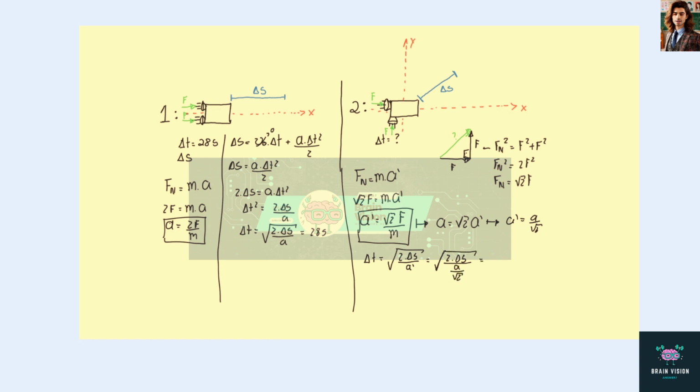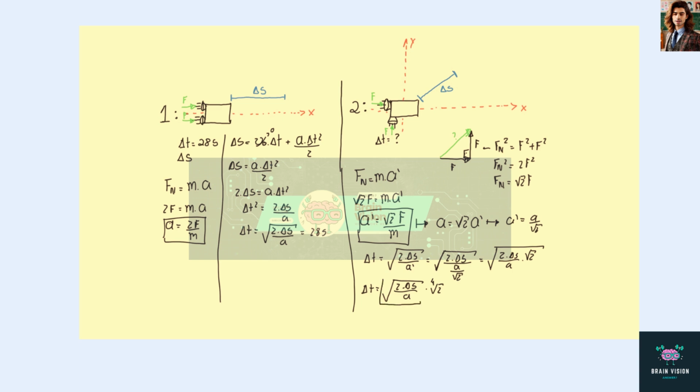And this is equal to the square root of 2 delta s divided by A, times the square root of the square root of 2. Then delta t is equal to the square root of 2 times delta s divided by A, the previous acceleration, times the square root of the square root. So we have the fourth root of 2.